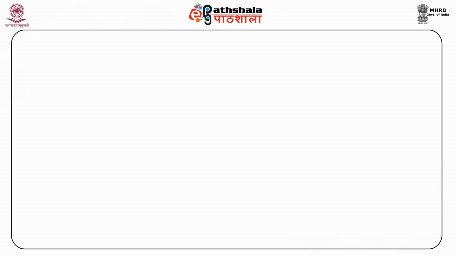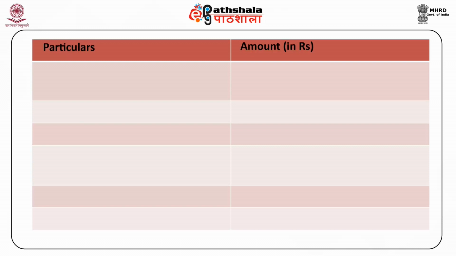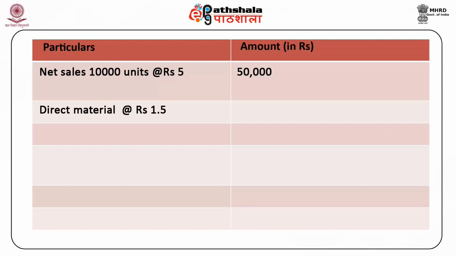The income statement of the company for the preceding month is as shown here. Net sales is 10,000 units at the rate of Rs 5, that is Rs 50,000. Costs are direct material Rs 1.50 per unit, such that the total cost comes out to be Rs 15,000.